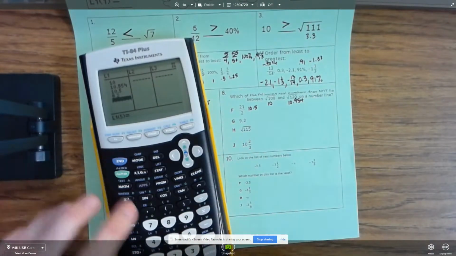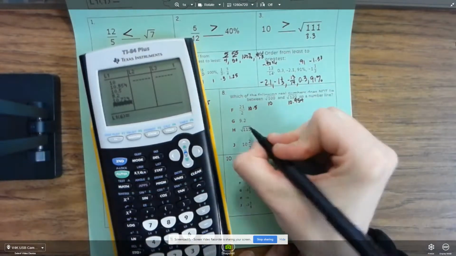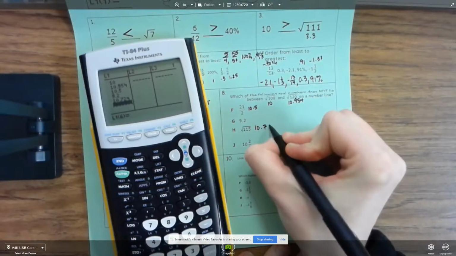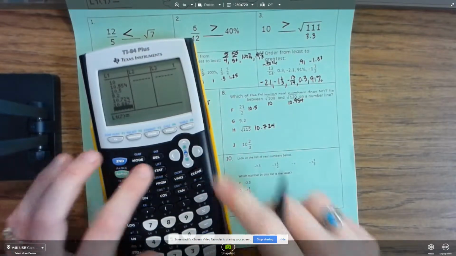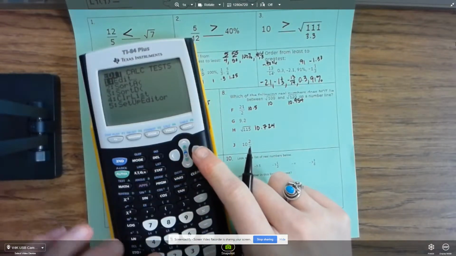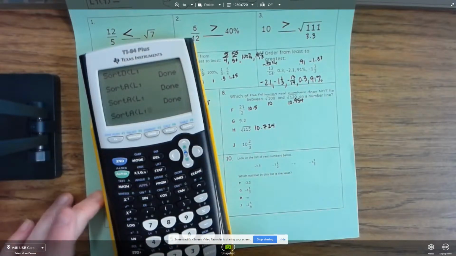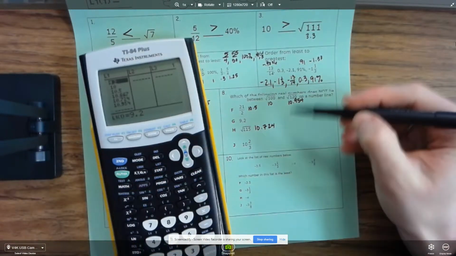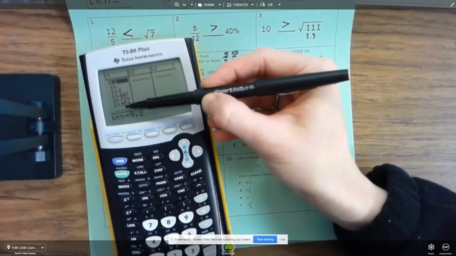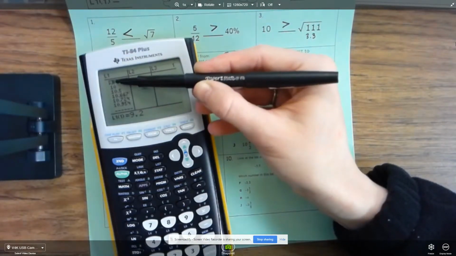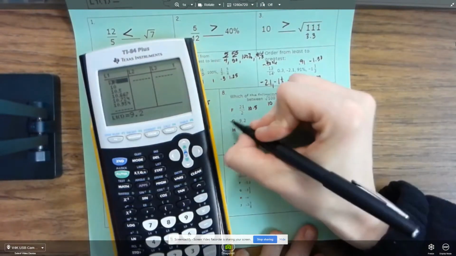Then I have 9.2. The square root of 115, which is 10.724, and then 10 2/3. You can sort this any way that you want. Remember, I'm looking for 10 and 10.94. So here's 10, here's 10.94. All of these are in between. 9.2 is the only one that's not.